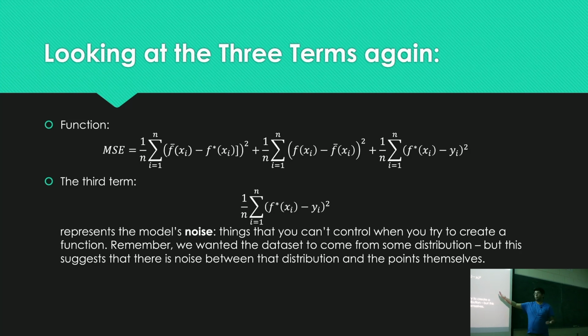It would be able to predict it perfectly. But it's not, so therefore there's some noise in these yi's. They're slightly off from this ideal function that it should have come from under our assumption. So it's things you can't control when you try to create a function. We want this data set to come from some distribution, but this suggests that there's noise between the distribution and the points themselves, and you can't really do anything about that.